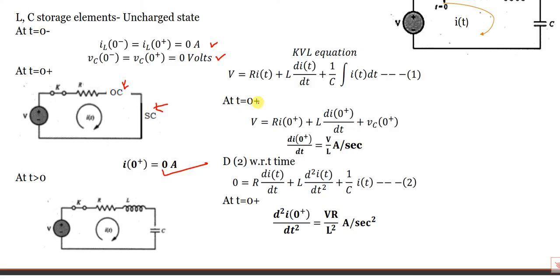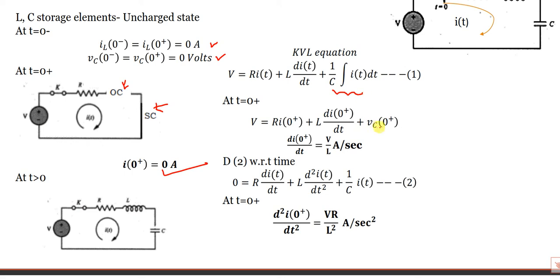At t equals 0 plus, the di by dt term is already there. So at t equals 0 plus, V is equal to R into I of 0 plus, L into di by dt, and here the integral term is nothing but the initial voltage across the capacitor.